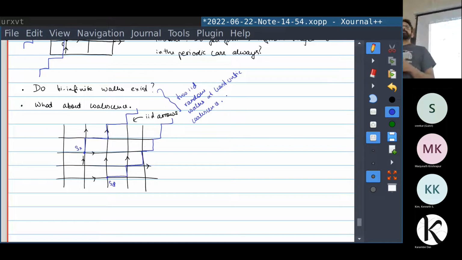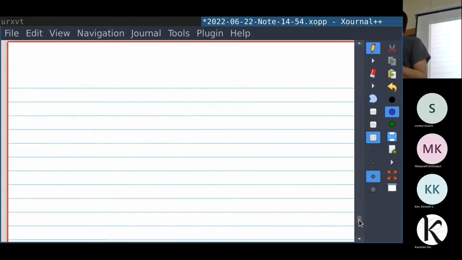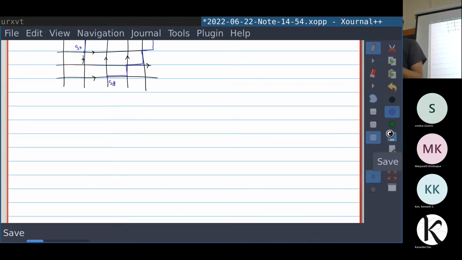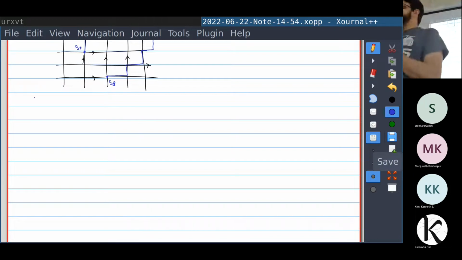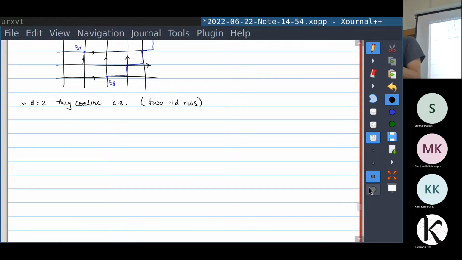Here, can you guess what happens? Two random walks in two dimensions. Now it depends. If you're in 5 dimensions, you don't. Yeah, in d equals 2, they coalesce. So we've seen these two behaviors.